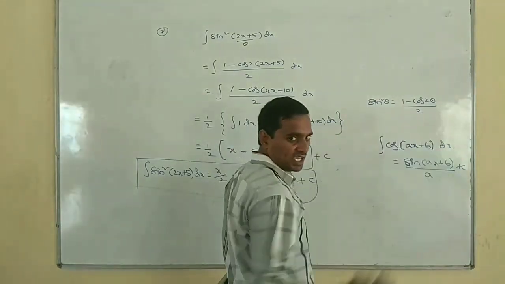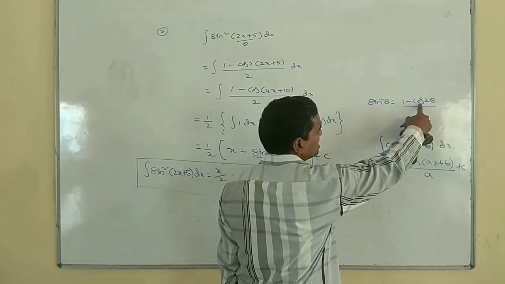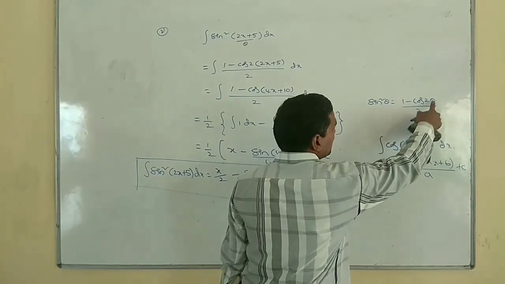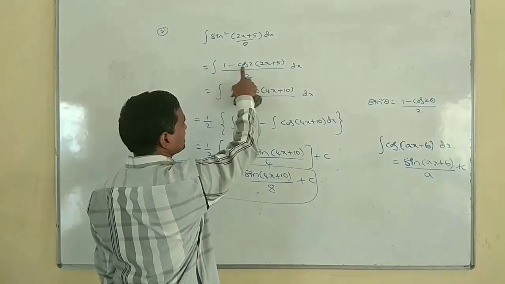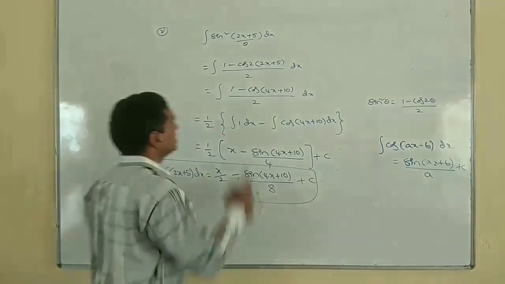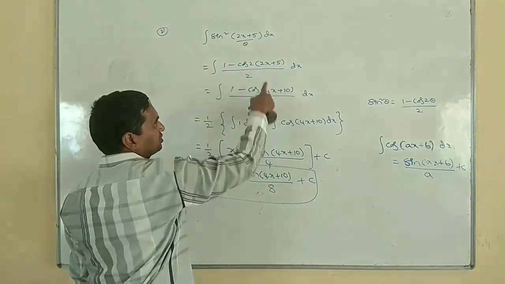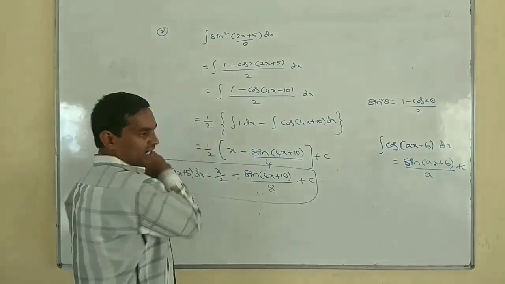In the previous class I already explained that sin square theta we can write as 1 minus cos 2 theta by 2. In place of theta we put 2x plus 5. So 1 minus cos 2 into 2x plus 5, that is cos of 4x plus 10, by 2.